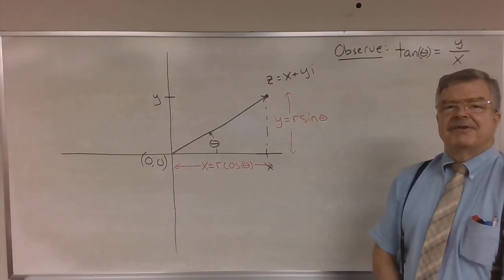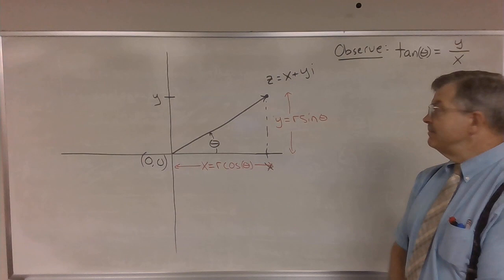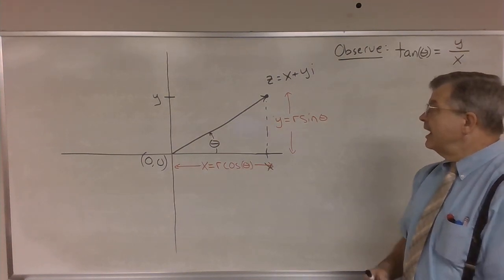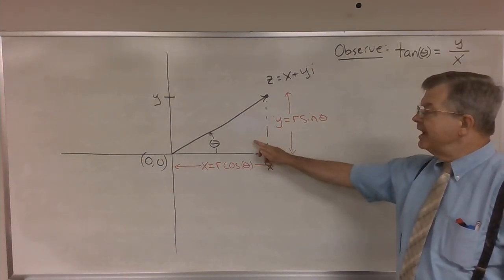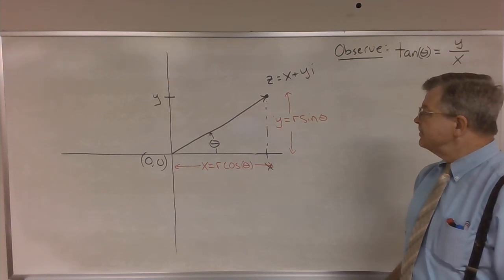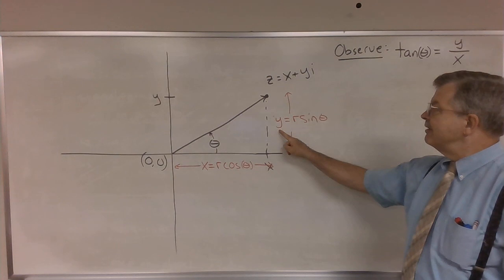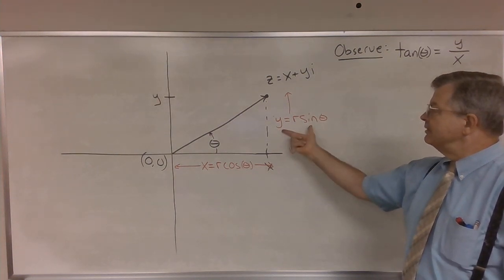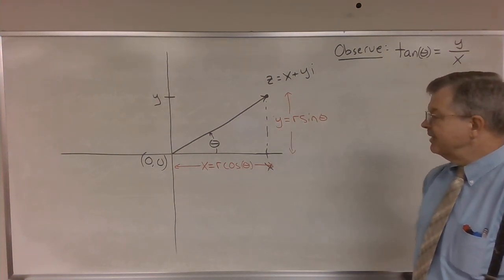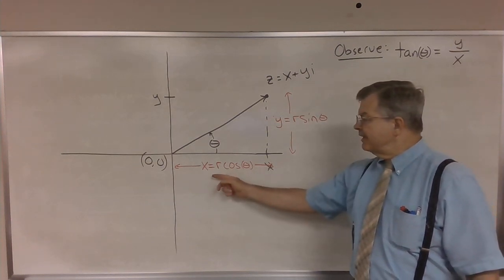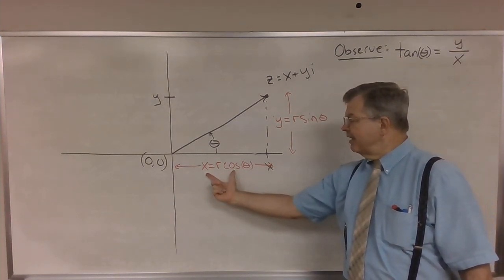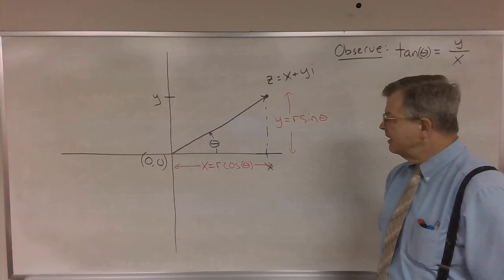Okay, back with a fresh new blackboard or whiteboard. And again, we have the right triangle depiction with the imaginary part of the complex number being equal to r sine theta, and the real part of the complex number, x, being r cosine of theta.